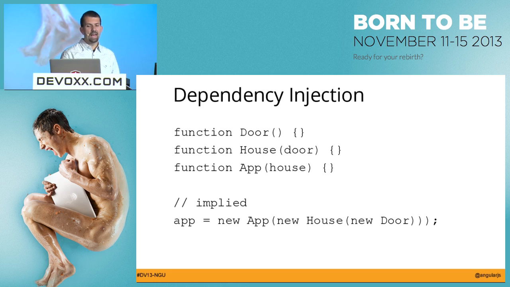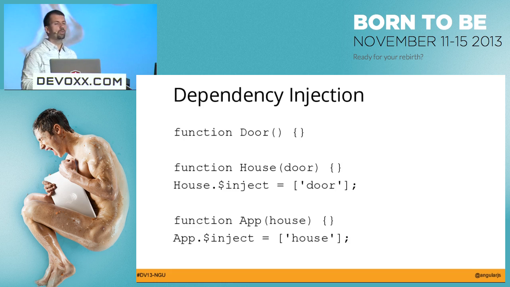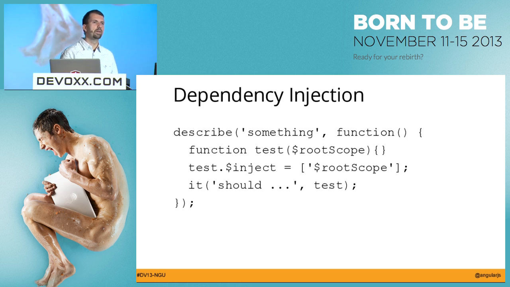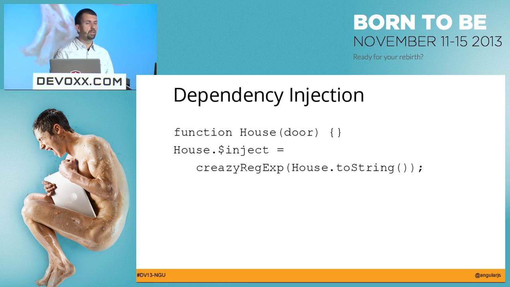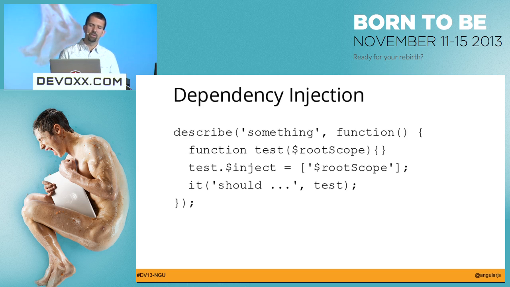And based on that, we can infer, oh, right, I need to go get a house. So if you look at the way we're annotating these things, the names that go into $inject are exactly the same names as our parameter names. The two usually match one-to-one. And so this is the reason why we can simply run a regex on the object to string and have the actual injections automatically generated for it.